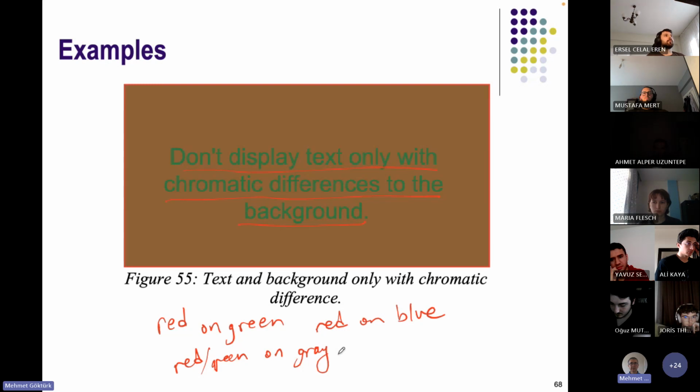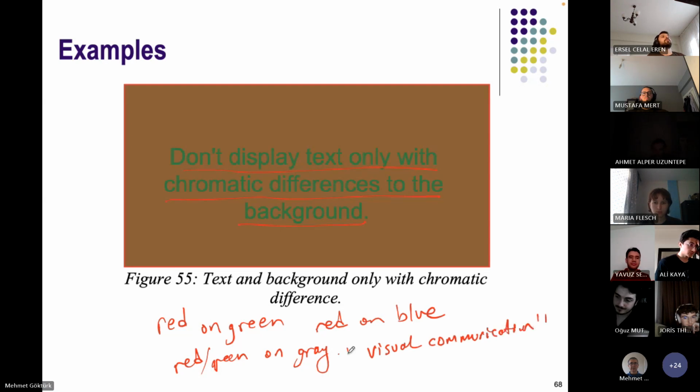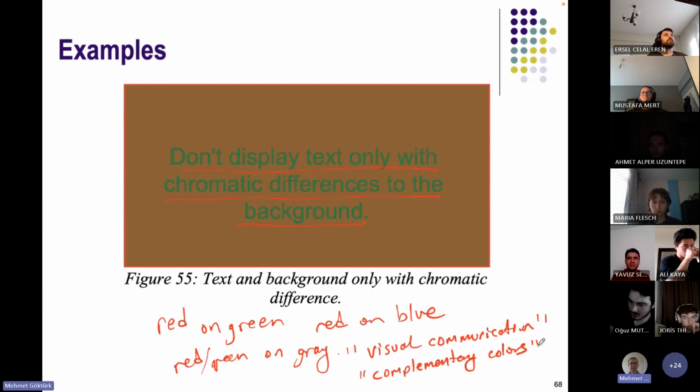When you search on Google with visual communication and search for complementary colors, you will get much more information about visual design and what kind of colors you have to use. I wouldn't say have to, but you had better use them when designing interfaces.